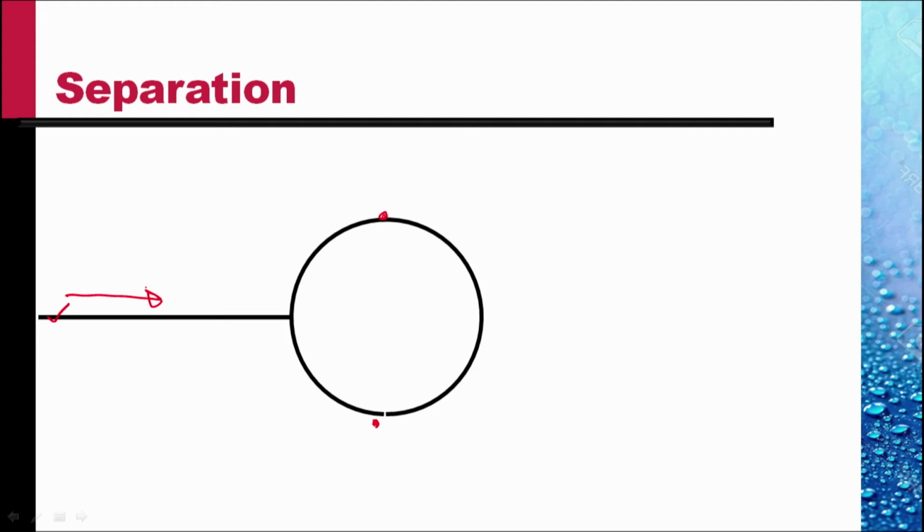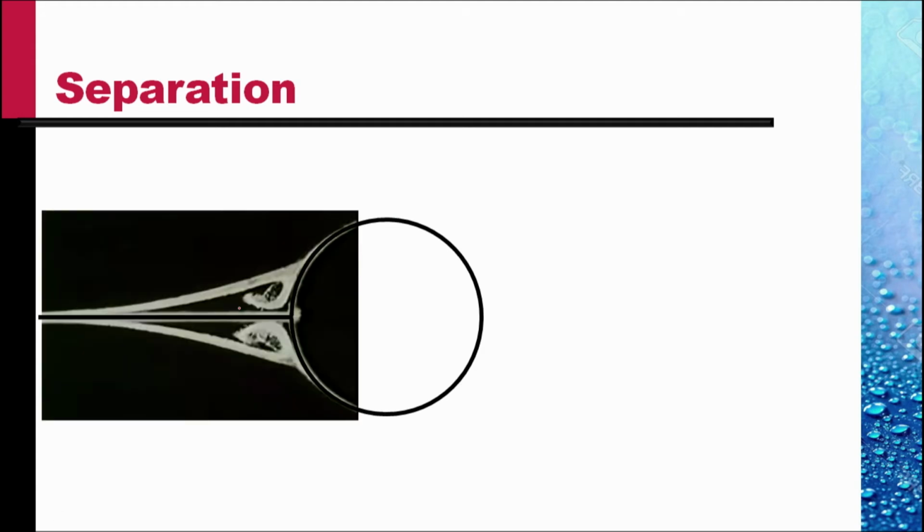And the presence of this plate causes a boundary layer to develop here, and this boundary layer would separate in the presence of this adverse pressure gradient. Thus, we have the flow which is separating somewhere here on the two sides.